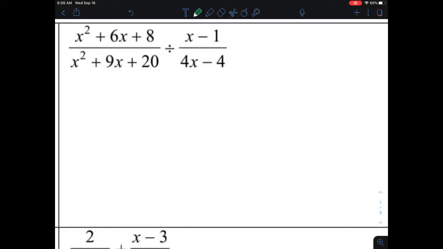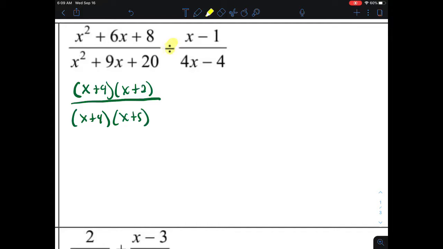Okay, look in here. So I want to divide these two rational functions. Before you do the division, factor everything, see if anything can cancel. Remember, if you're dividing by a fraction, change it to multiply, flip the second one.